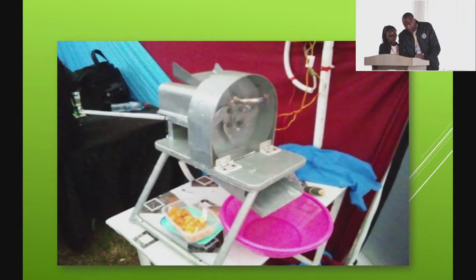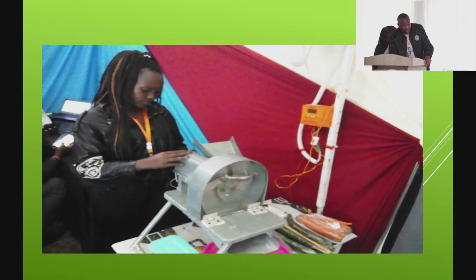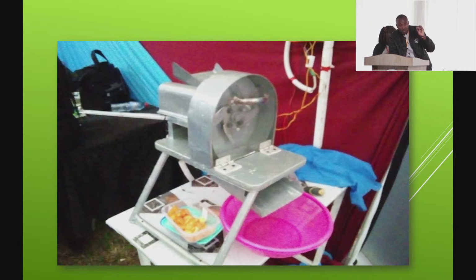You can see the picture there. It is transparent, so you can see your vegetables when they are being cut. We are using solar. We have a solar panel and a battery for the people in the interior who do not have electricity. That is why we have come up with this one.